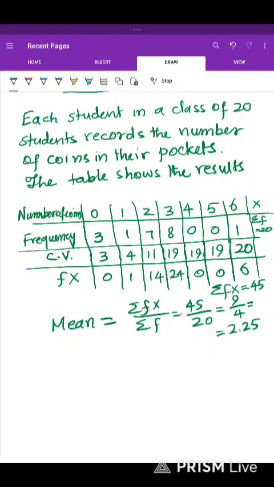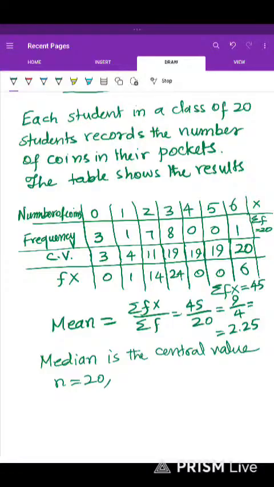Mean is calculated. Next to it is median. Can we calculate median? Median is the central value. How can we find the central value? What is n here? It means the number of values, so the number of values is 20.